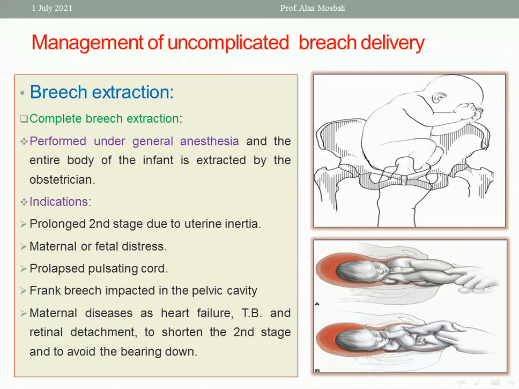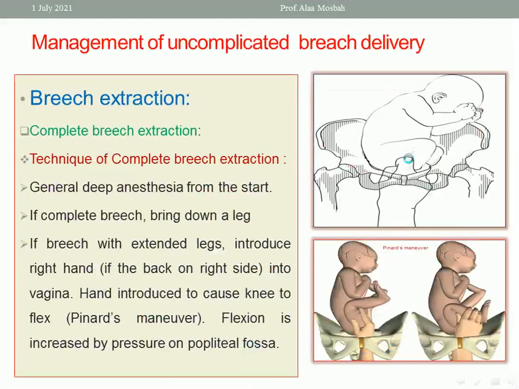As you see in the picture, bringing down a leg or groin traction in case of frank breech, or bringing down the legs in complete breech. Then look at this picture, please. This is called Bickenbach's maneuver: two fingers in the popliteal fossa behind the knee make the leg flexed like that.